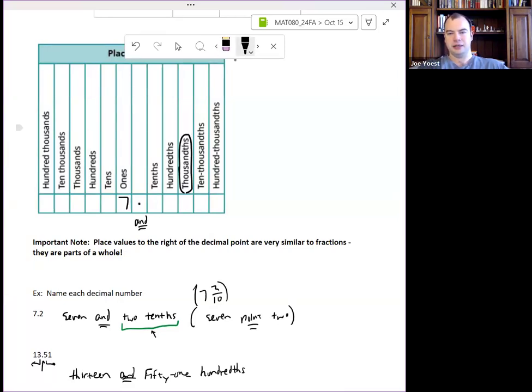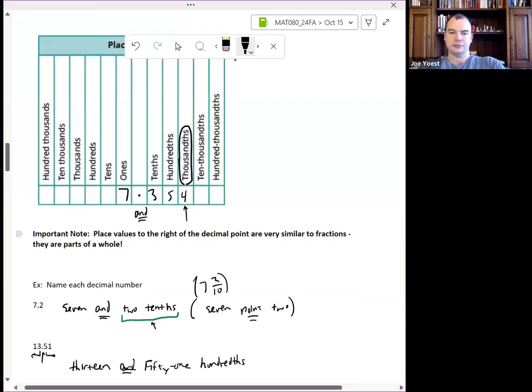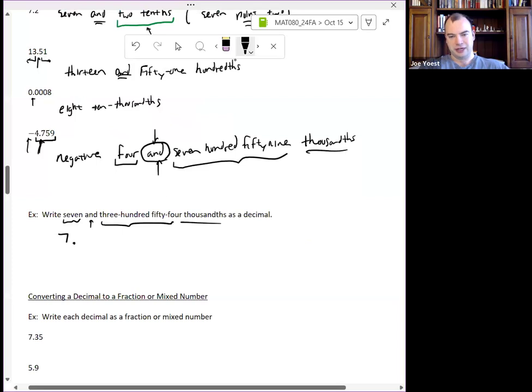So I have 7 and starting in the thousands, I have 354. So 7.354.